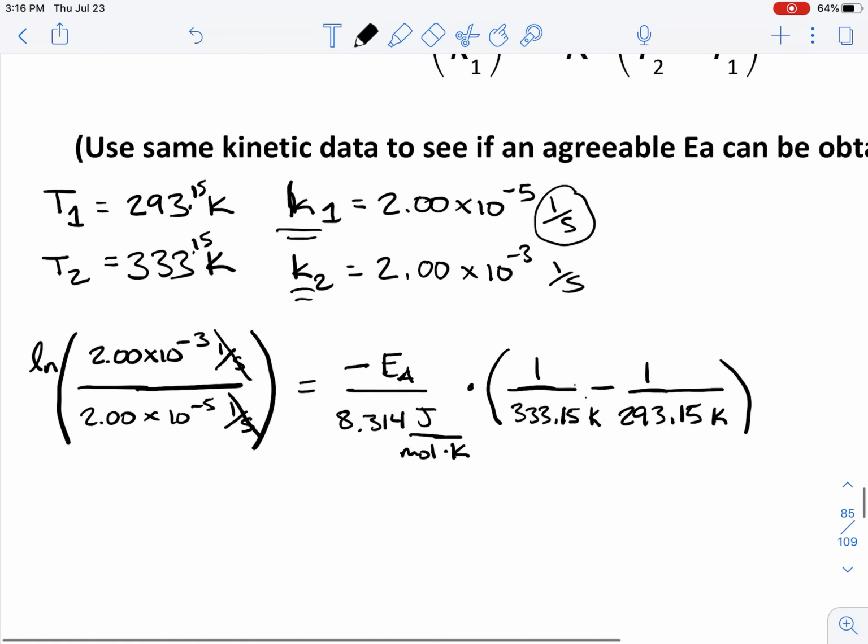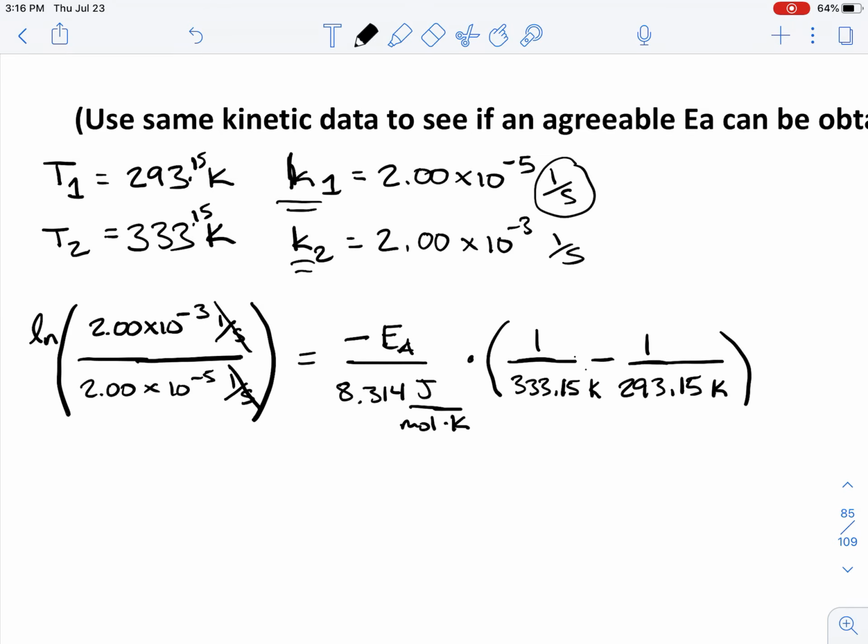Okay. All right, so the first thing I'm going to do is reduce this term. So I'm going to work inside the parentheses, and I'm going to plug that into my calculator. So I have 2.00 times 10 to the negative 3. Divide this by 2.00 times 10 to the negative 5. So that's going to give me 1.00 times 10 to the positive 2, or 100.